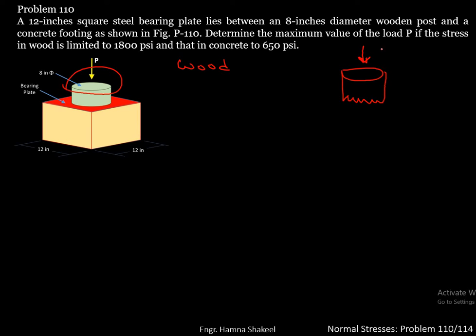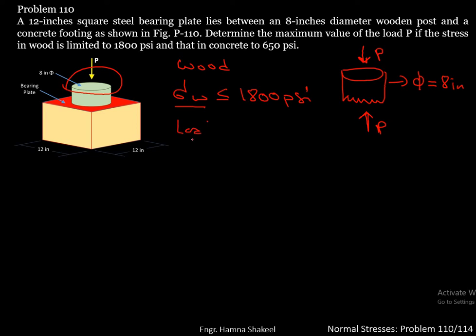So a load of P is applied here and you'll have a reaction of P at this end. So this is a compressive load that is being applied on the wooden post and the diameter of this post is 8 inches. The stress in wood is limited to 1800 psi.